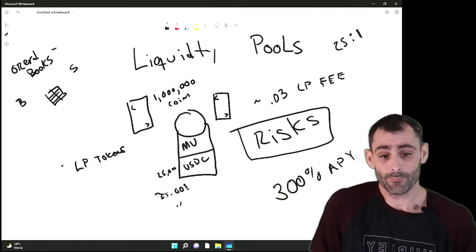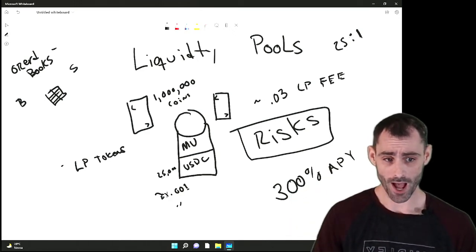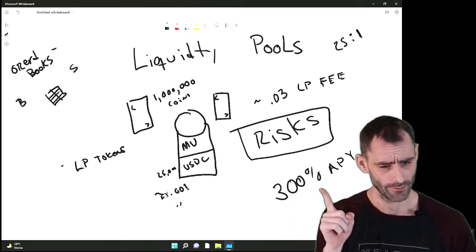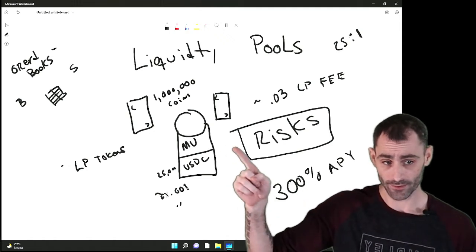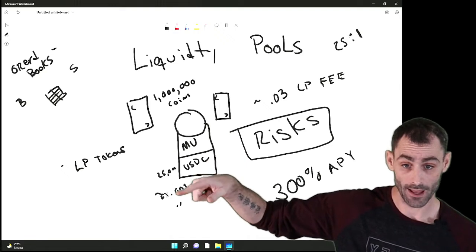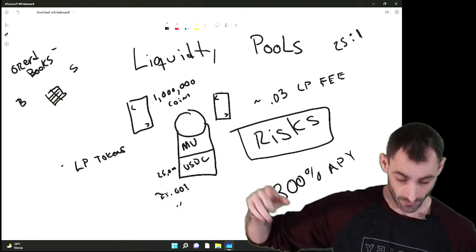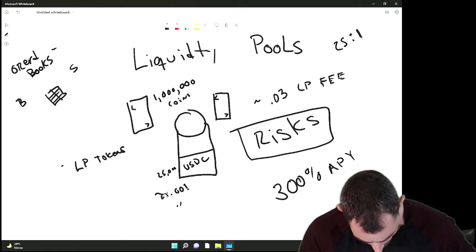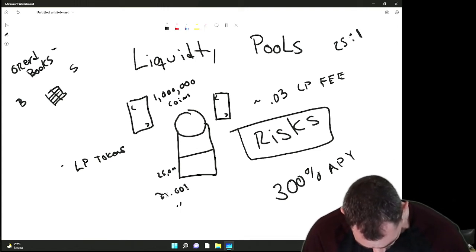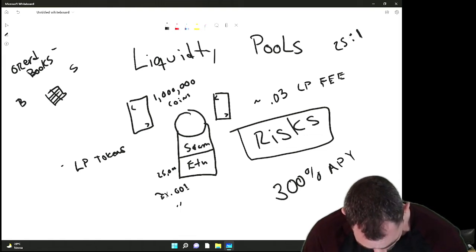Well, what ends up happening is, in order for you to get that 300% APY, you have to provide the liquidity, which means you actually have to go in and acquire both assets. So let's say they have token X, which is Scamcoin. They have some Ethereum and some Scamcoin.